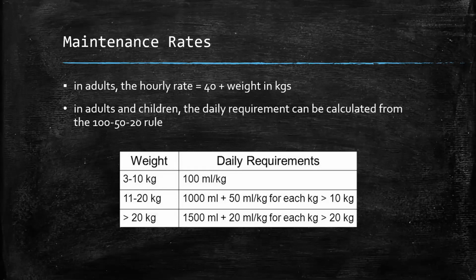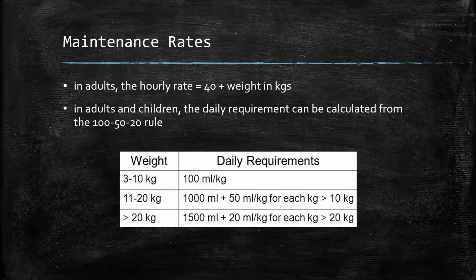That's a pretty reasonable starting point for a maintenance rate. Or you can take the patient's weight in kilograms and add 40. That gets you pretty close. On the pediatric service, you tend to use this 150-20 rule that's listed here, although that works perfectly well for adults too. So you can use this as well.